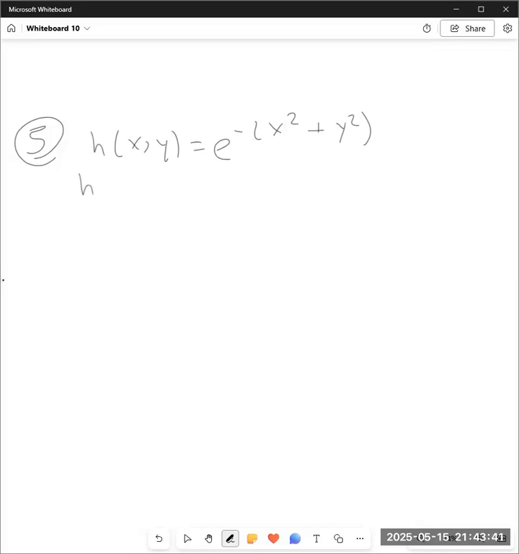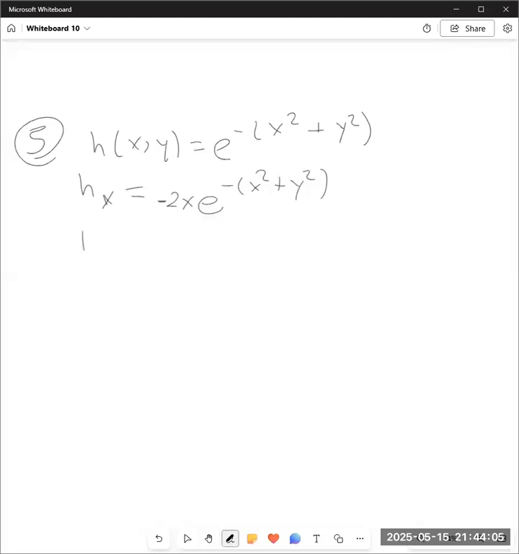So h sub x is going to be, derivative of this with respect to x, leave all that alone, like that. Derivative of this part with respect to x is negative 2x.